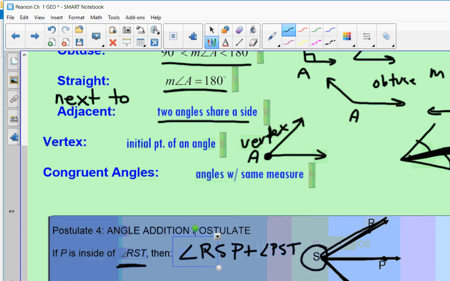I can add those two small angles together to help me get the big one, RST. So we did that with the ruler and the segment addition postulate last section. So it's just saying the same thing. I can add two things together, I get something bigger. So we'll look at that and practice that. This is another one of those things we use a lot. To me, it's pretty easy, I get it, but we mess it up. So let's work hard on understanding that.